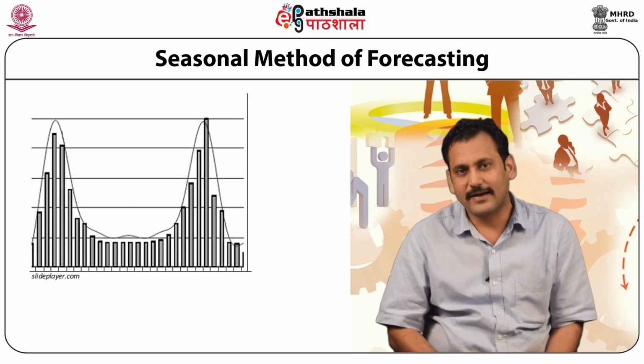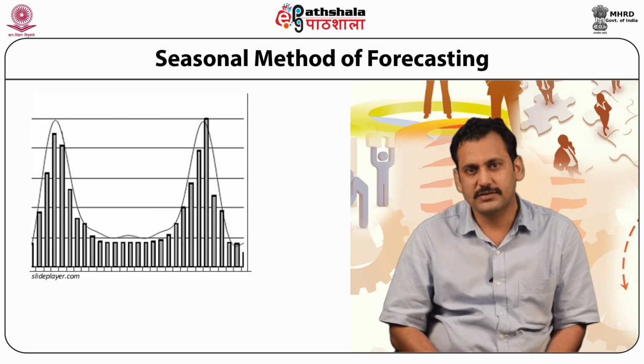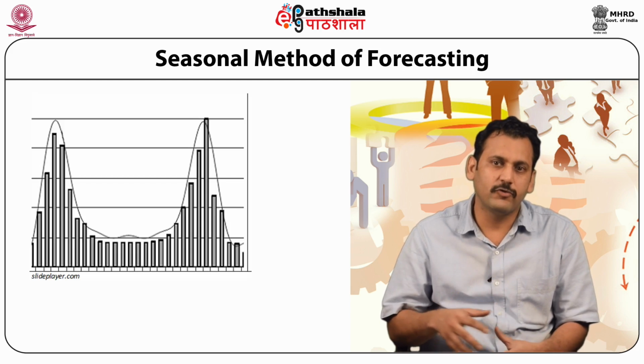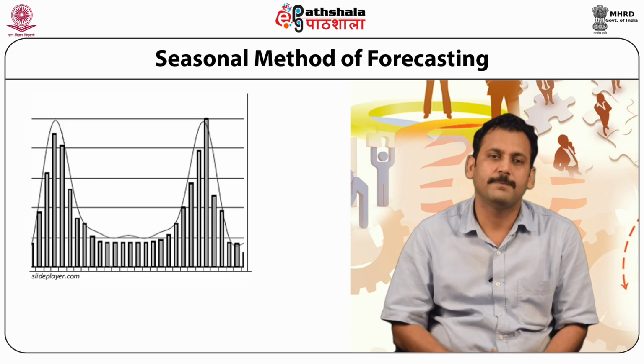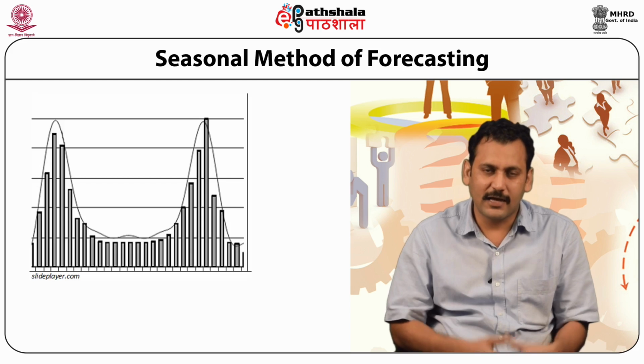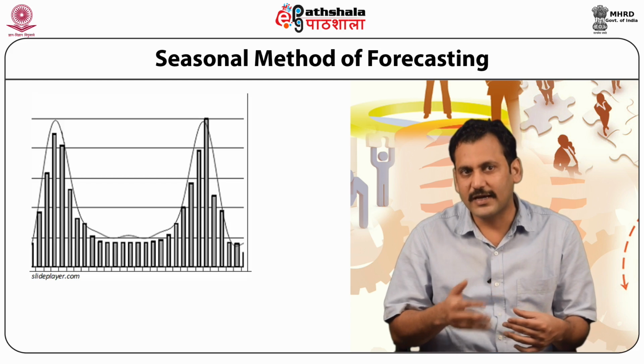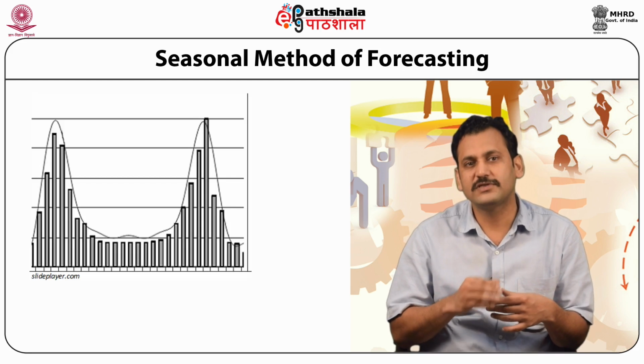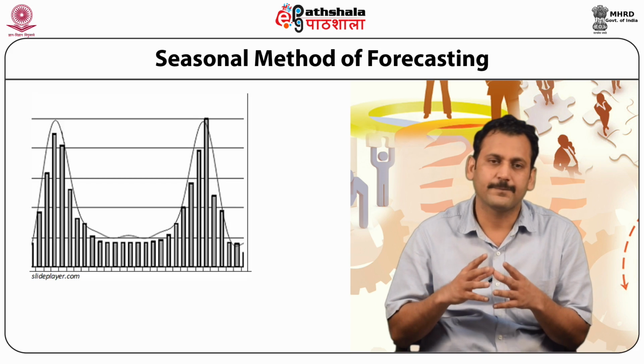Two essential characteristics of seasonal variations are that, first, every cycle of upward and downward movement repeats itself after a similar time period. And secondly, regular cycles can be used to infer the time for which there would be an increase and the time for which there would be a decrease in demand.